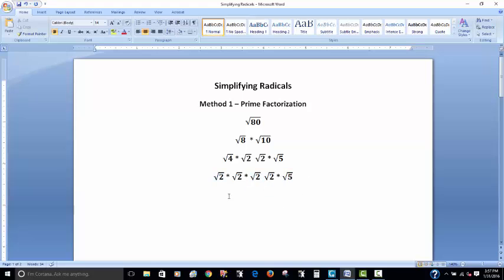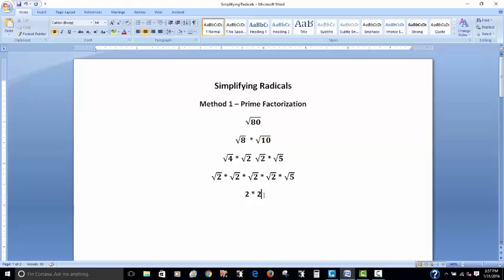So I have radical 2 times radical 2 times radical 2 times radical 2 times radical 5. Radical 2 times radical 2, isn't that just 2? And then radical 2 times radical 2 again is also 2.